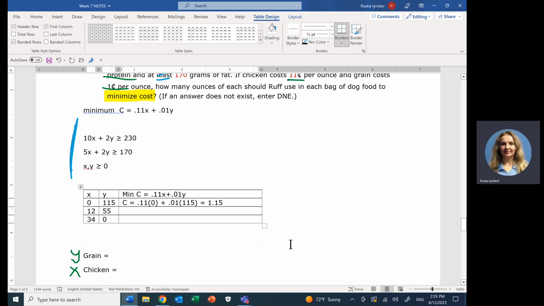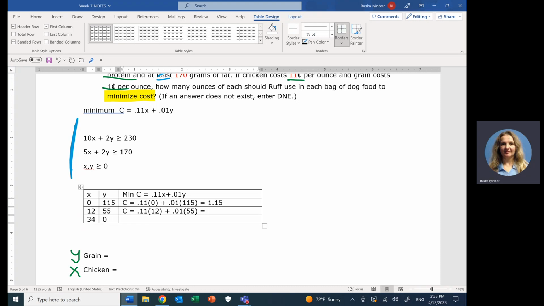Next one, I'm plugging in the cost function. I have 0.11, replacing x with 12 and y with 55. So when I calculate that, let's see what I'm gonna get.